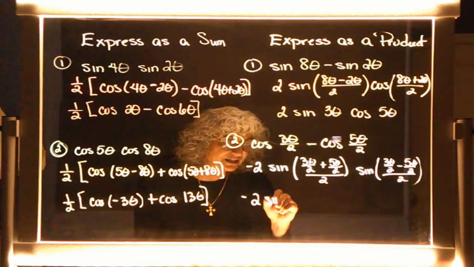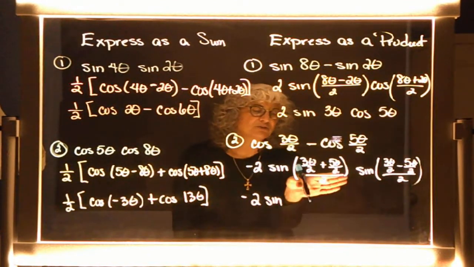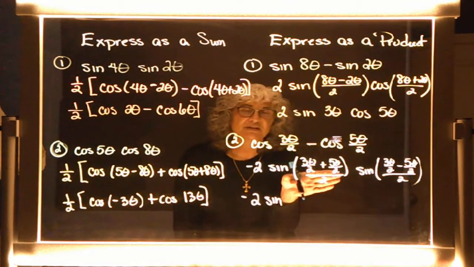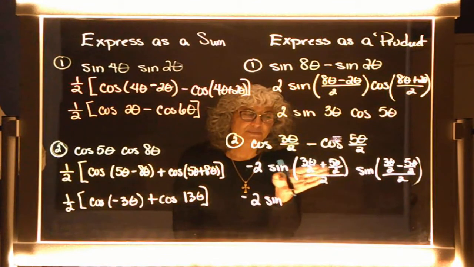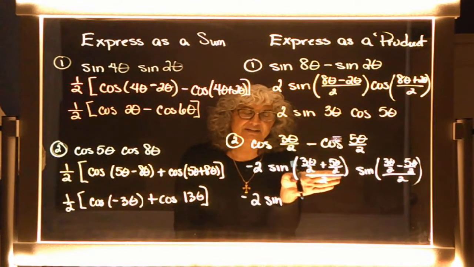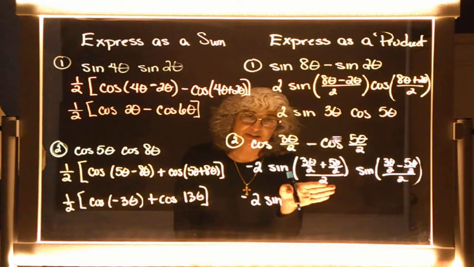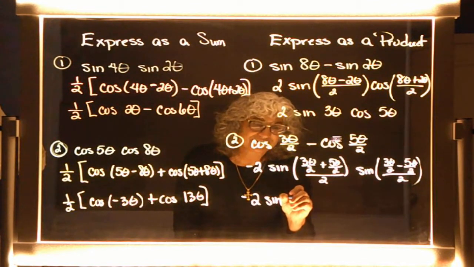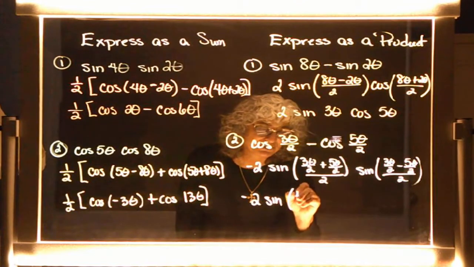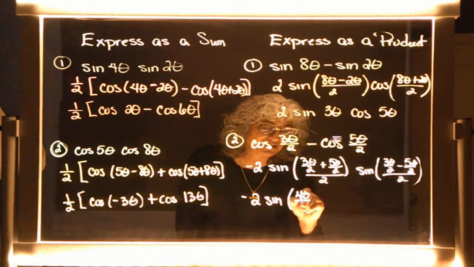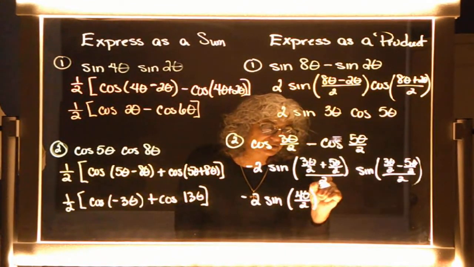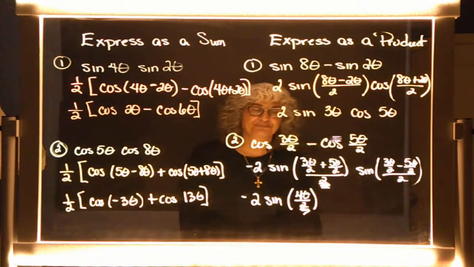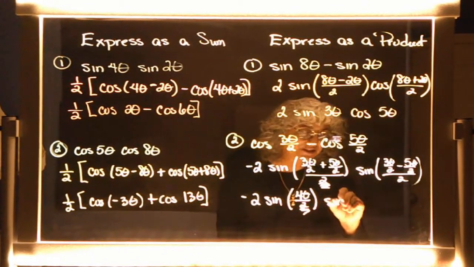Negative 2 times the sine of, so look at the numerator. What's 3 theta plus 5 theta? 8 theta. So I'm adding these two fractions, right? 8 theta over 2, which is what? 4 theta. Divided by 2 one more time, right? Yeah, that's 2 theta, but you know what? I'll do this. So the numerator is 4 theta, and this 2 is this 2 here. And let's do this.